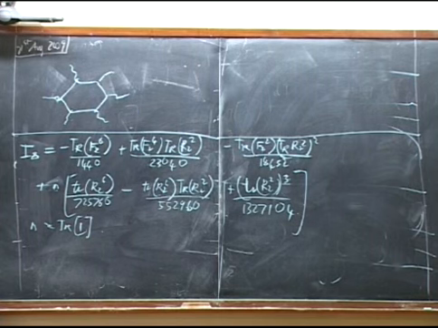Then the anomaly polynomial associated with this hexagon diagram, encompassing the effects of all kinds of anomalies, pure gauge anomalies, pure gravity anomalies, or mixed gauge and gravity anomalies, is given by this. This is only the contribution of the spinor.